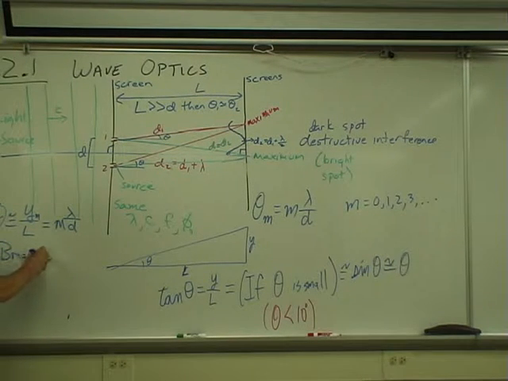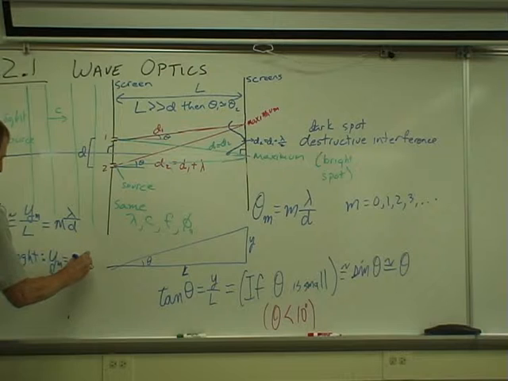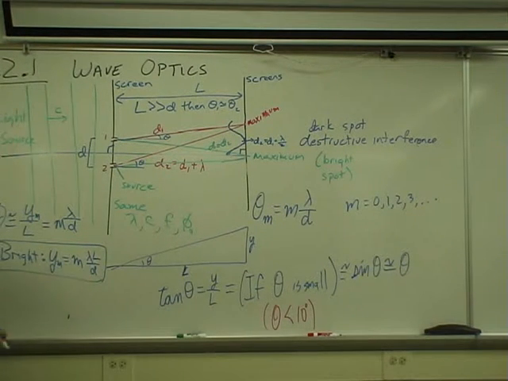I can find the location of the bright spots by going through and taking these integers, 0, 1, 2, 3, 4, etc., times a distance, lambda, units of length, times L, the separation between the screens, units of length, divided by, so I've got units of length squared, divided by the distance between the slits, units of length, so I'm back to units of length.